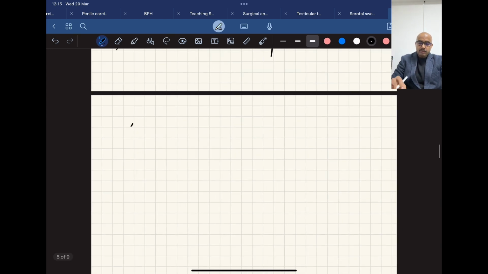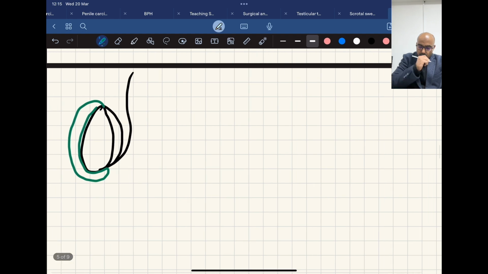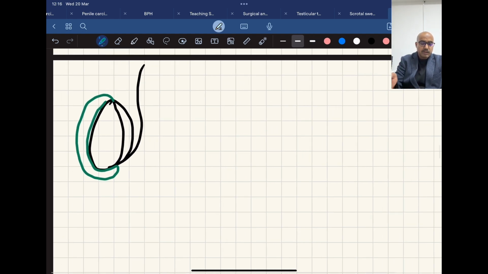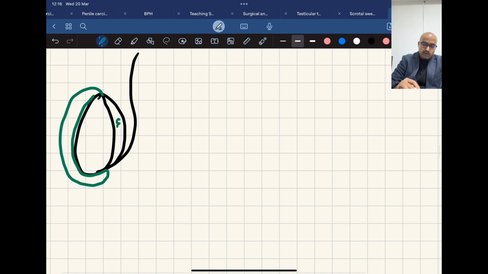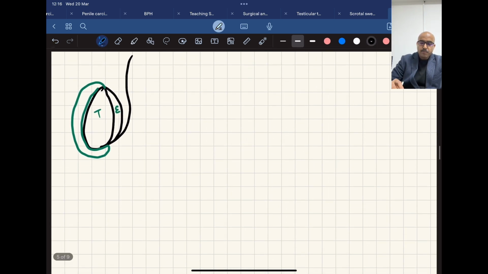Let me explain. So suppose this is the testis, which is normal, okay, and it is surrounded by the tunica vaginalis, which is not completely surrounding it, and it will not surround the epididymis. It will only surround the testis. The epididymis is free. This is the testis, okay.